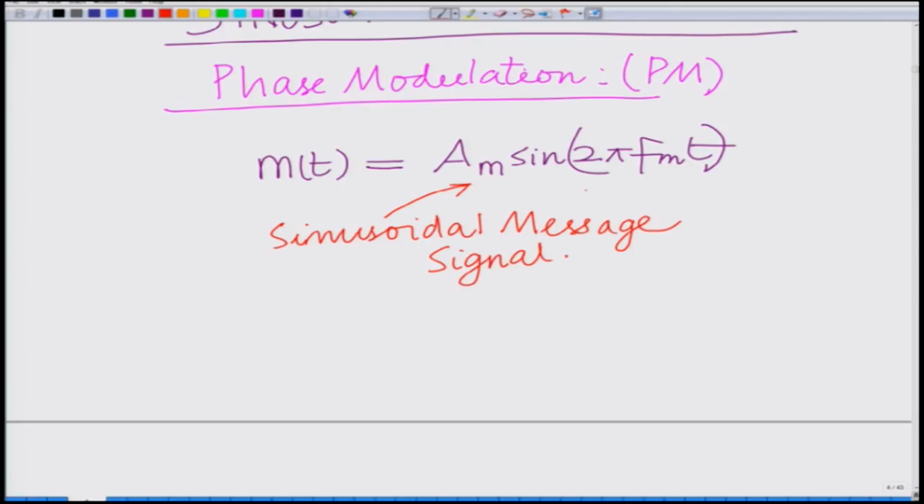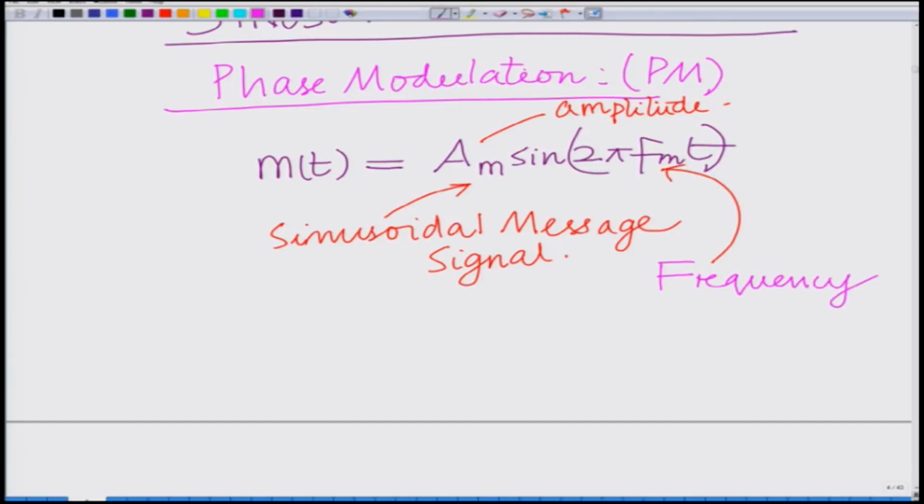We are considering the specific case of a sinusoidal message signal with amplitude A_m. As you know, A_m is the amplitude, f_m is the frequency of the sinusoidal message signal.